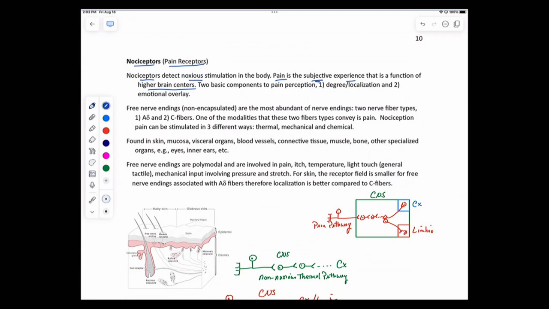It's very similar to if we talked about the retina and you have rods and cones, they're interacting with photons, but the visual experience that we have is not simply a function of photons interacting with rods and cones. It is a function of neurocircuitry in the higher brain centers that's giving me the awareness of what I'm seeing.